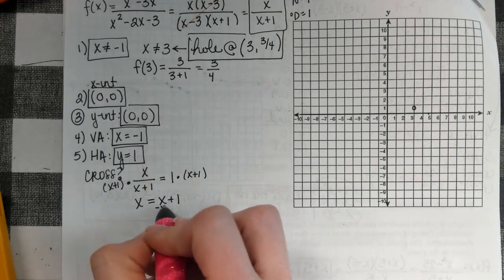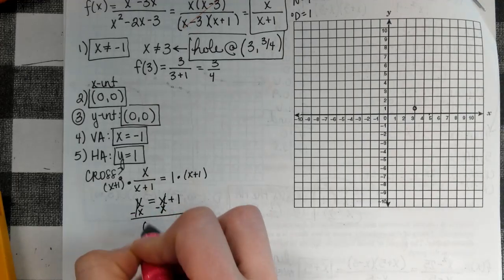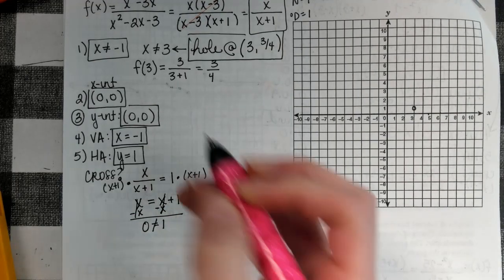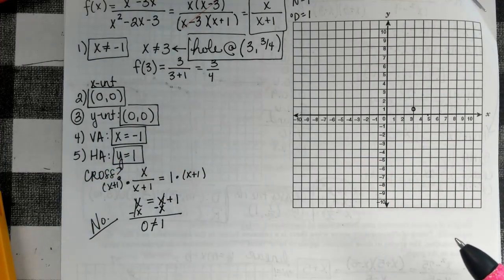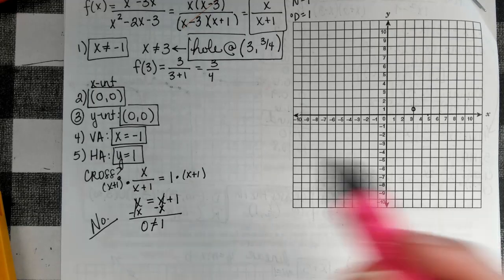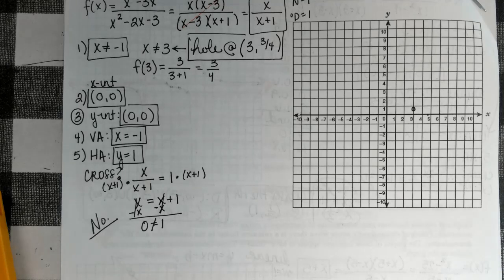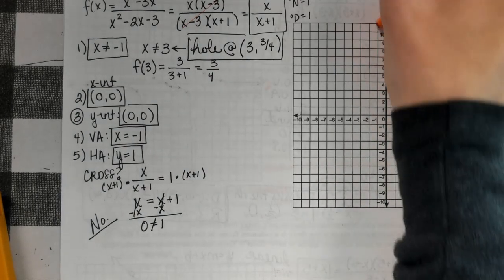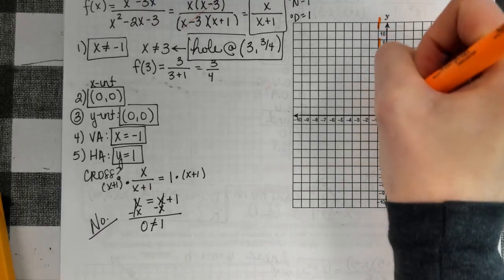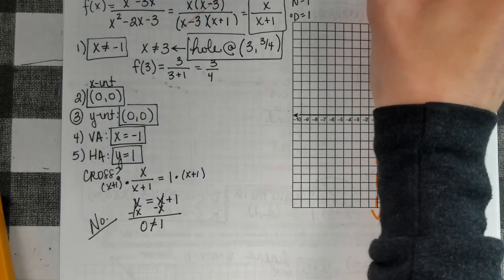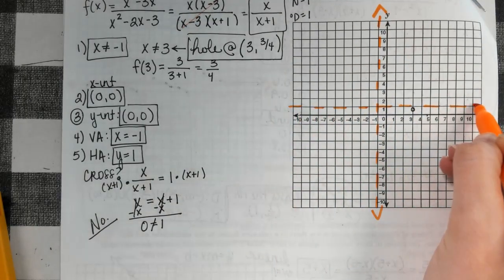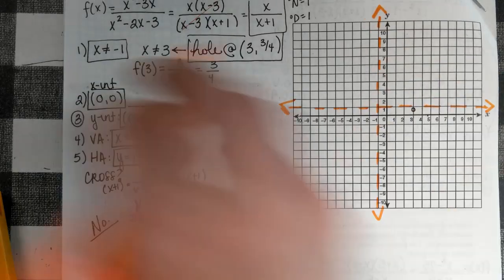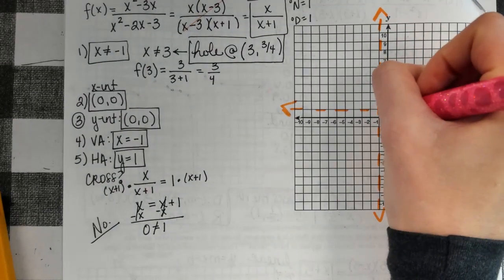I would go to subtract my x. Leaves me with 0 equals 1, which is not true, so it does not cross. So I'm going to plot my x equals -1. And my y equals 1. And my 0, 0.